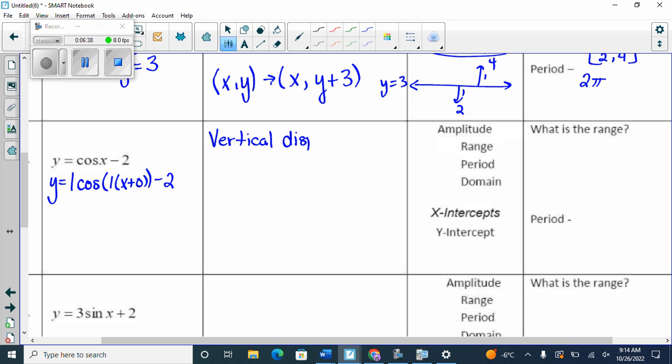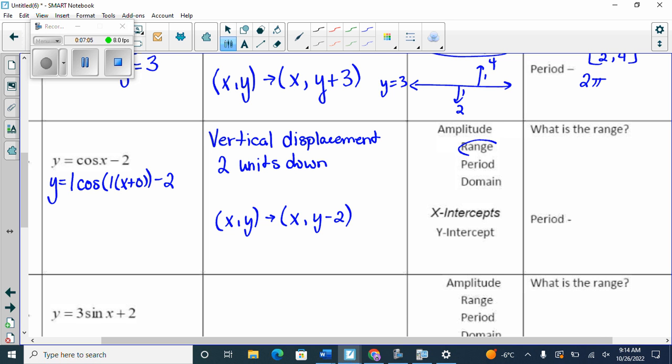Vertical displacement, 2 units down. And my mapping would be x, y becomes x comma y minus 2. Did the amplitude change? No, this is following all the same stuff as before. Amplitude didn't change, range did, period doesn't, domain doesn't, but x and y intercepts do.